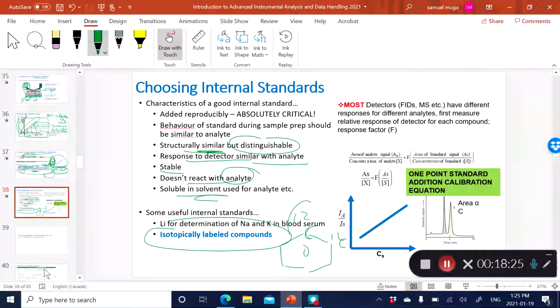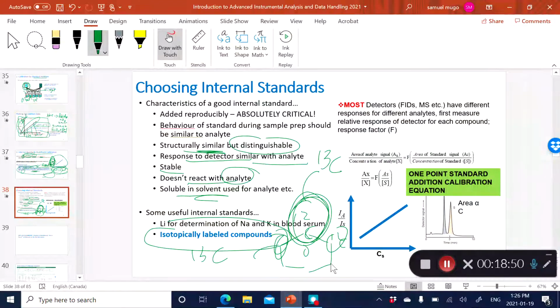I enrich some of these carbon atoms and replace them with carbon 13. So maybe I would take these three and enrich them to create carbon 13. And so in the end, I'm going to have a heavy benzene, all right?